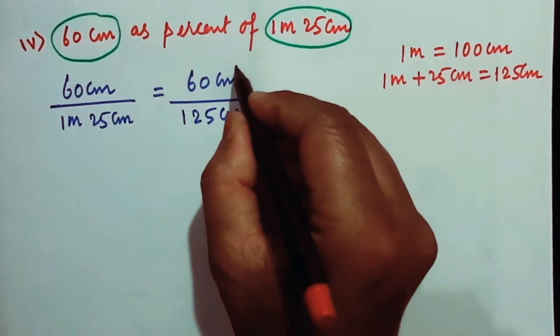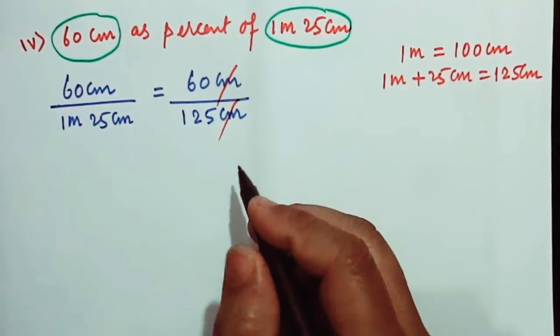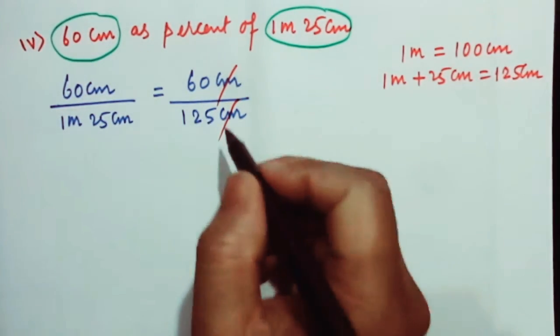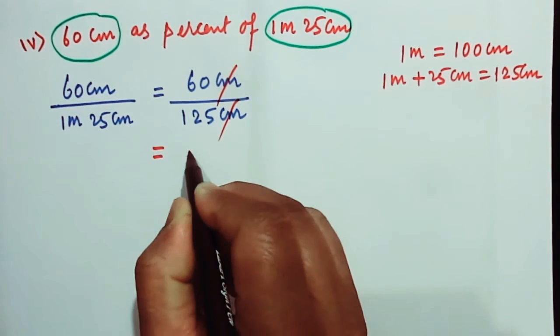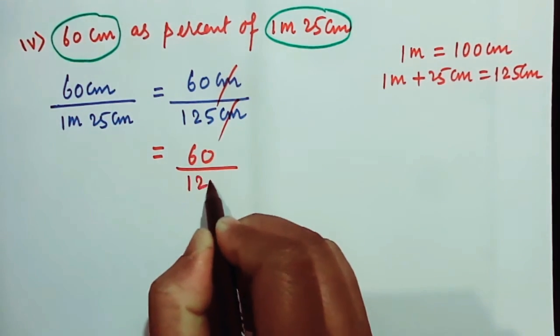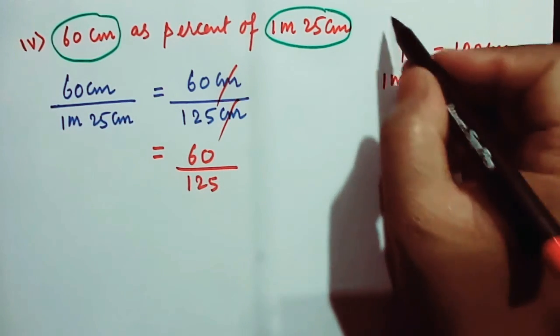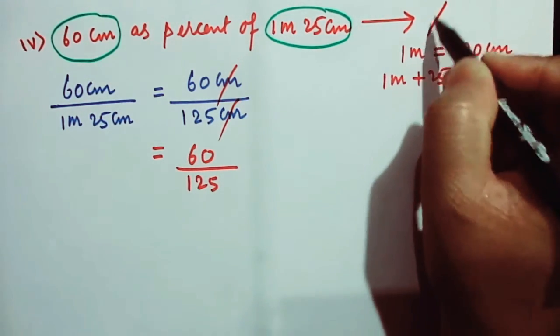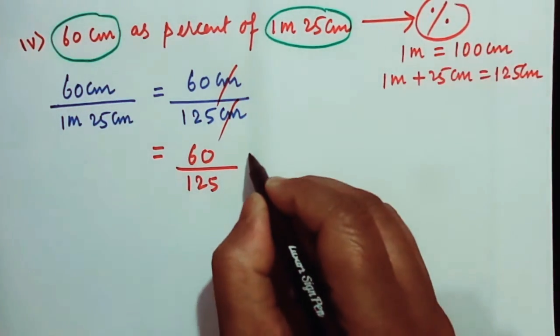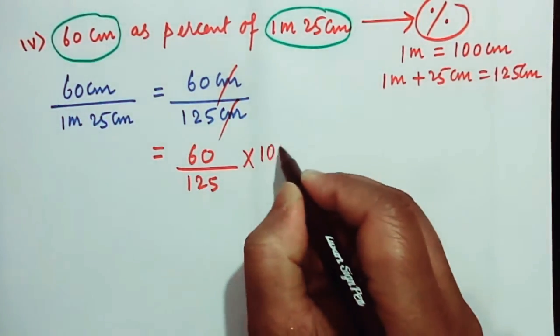So let's cancel this centimeter and centimeter. So we get 60 by 125. You can also cancel this, but why not do our calculation over here? 60 by 125, we are expressing this into percentage. Remember, we are expressing this into percentage. So we will multiply this by 100.